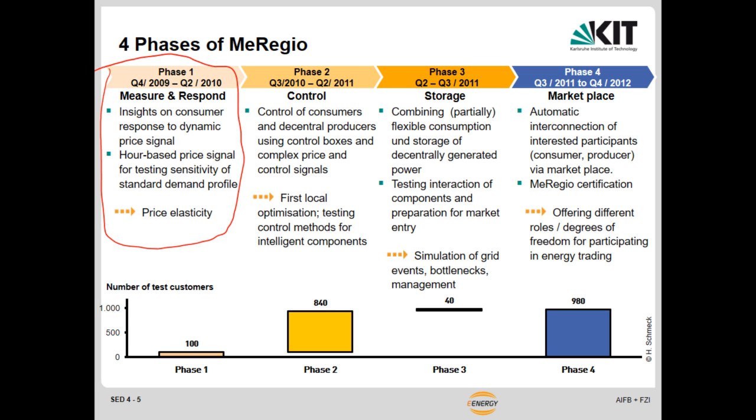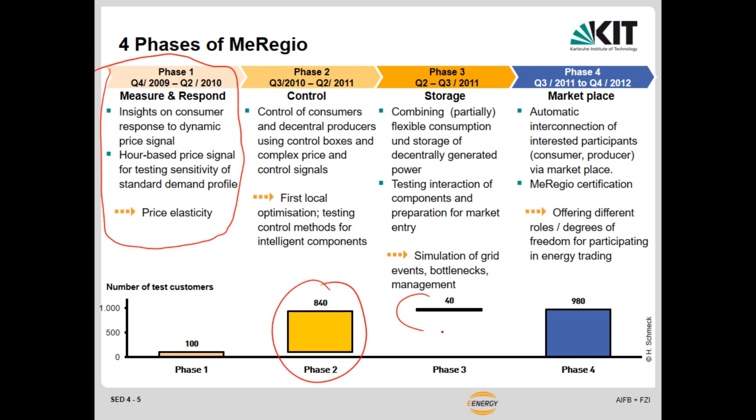Then we had a study on how the consumers actually could be controlled, how appliances could be controlled to respond to certain changes in the energy system. We did that with 840 participants.